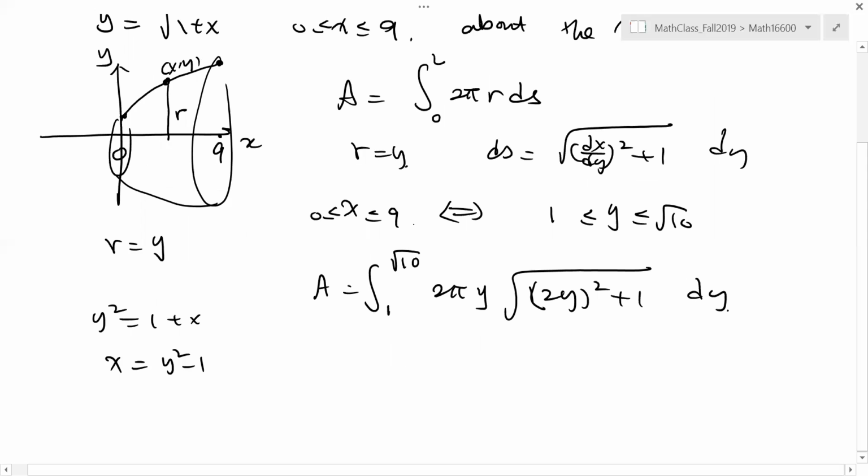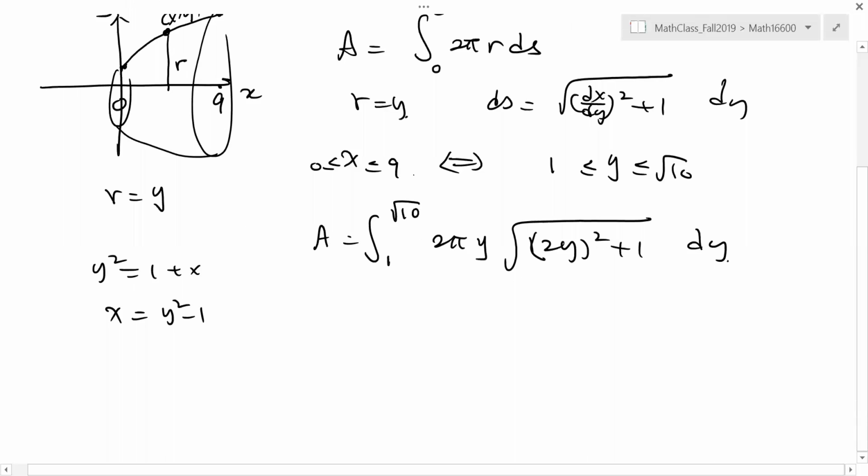You have to begin with the original formula and draw the graph. And if I ask you to set up an integral with respect to the x variable for the same surface, how can you do that?